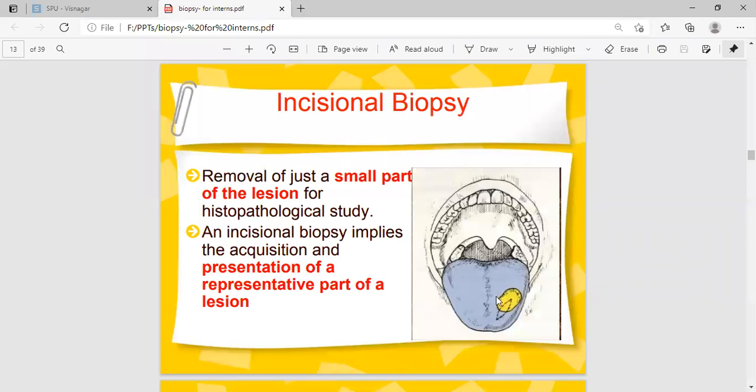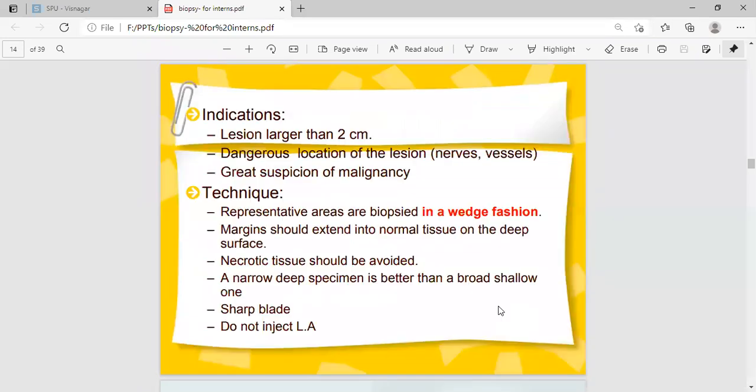Incisional biopsy is where you remove just a small part of the lesion, and this includes the removal of the diseased part and removal of the normal tissue. So this is very important. The normal part of the tissue also should be removed when you are doing the incisional biopsy.